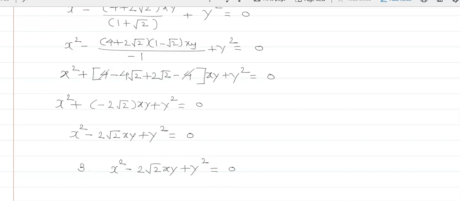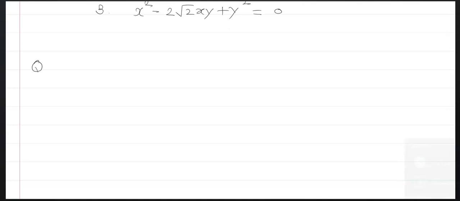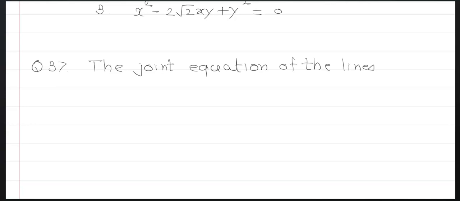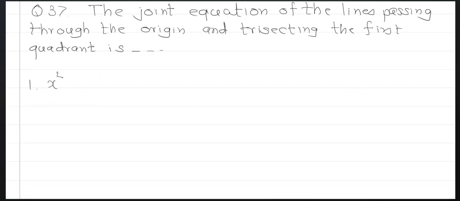Now the next question. Question number 37. The joint equation of the lines passing through the origin and trisecting the first quadrant is: first, x square plus root 3 xy minus y square is equal to 0.